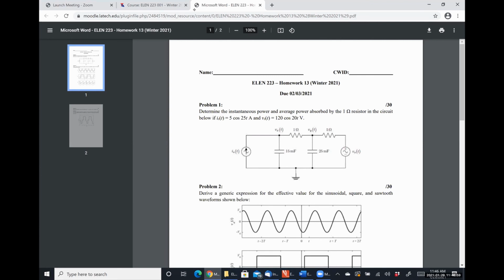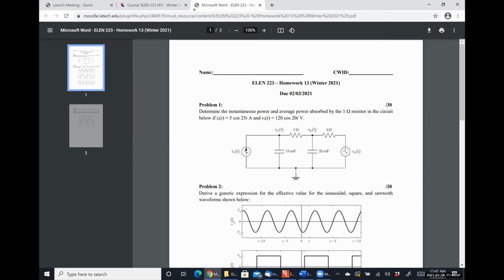So once you calculate all your powers, you should have 5 different power contributions because you have 2 different frequencies. So you should have 2 DC terms. You should have 1 term at twice 25. So you should have an omega equals 0 term, an omega equals 50 term, an omega equals 40 term, an omega equals 5 term, and an omega equals 45 term.